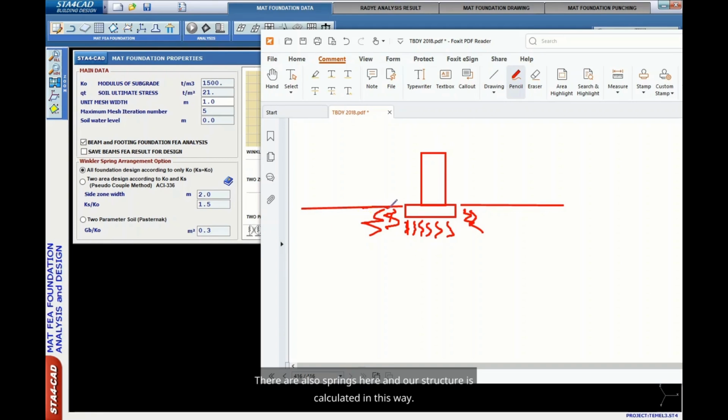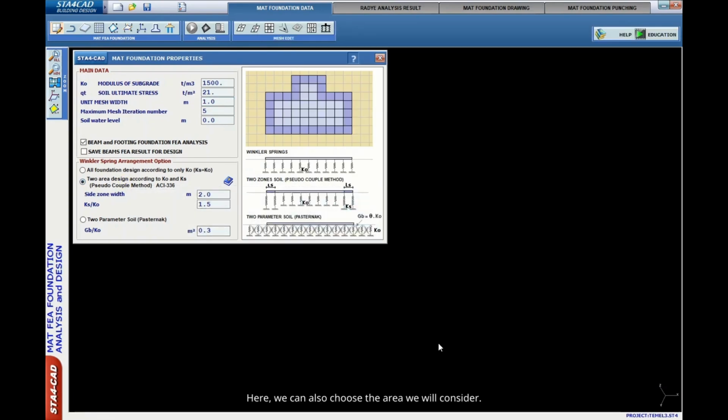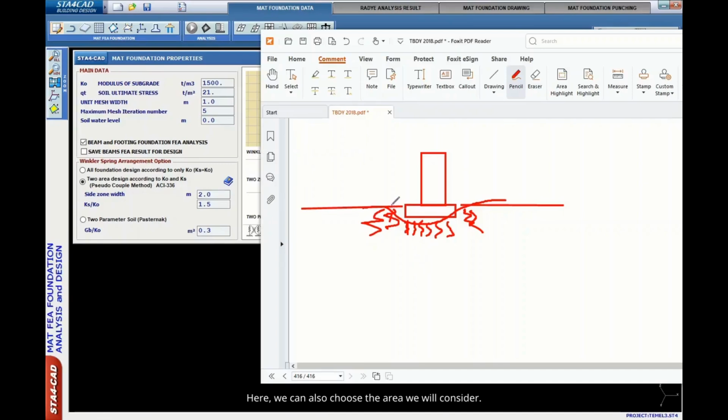Our structure is calculated in this way. In other words, the springs are modeled and taken into account by considering the conditions corresponding to the settlements of the ground. Here we can also choose the area we will consider.